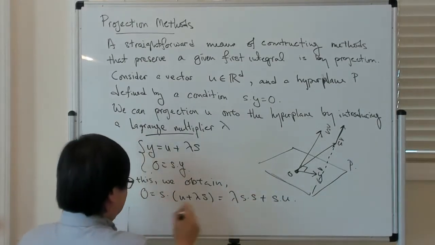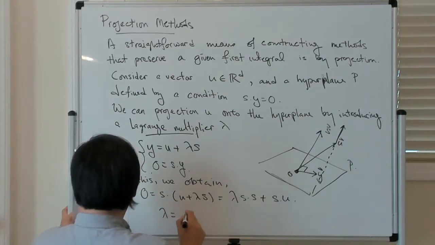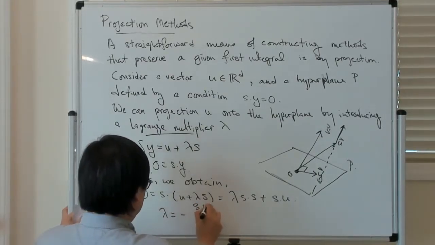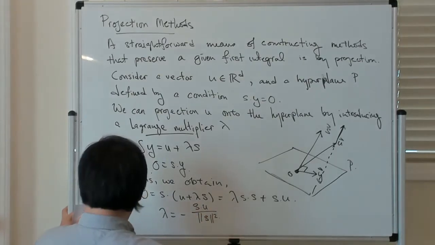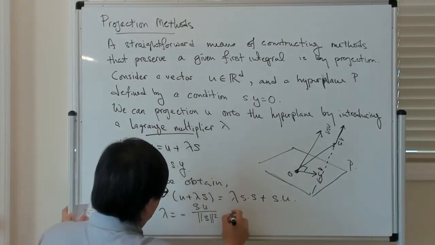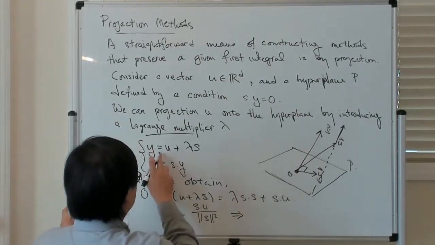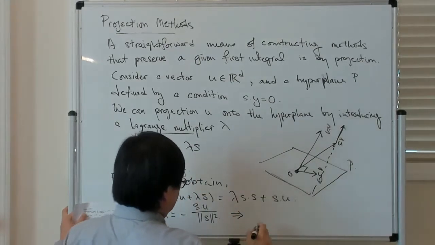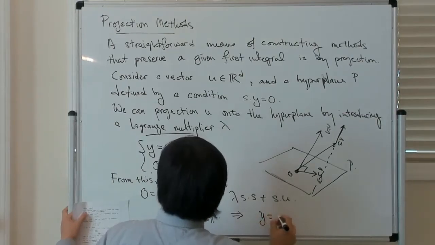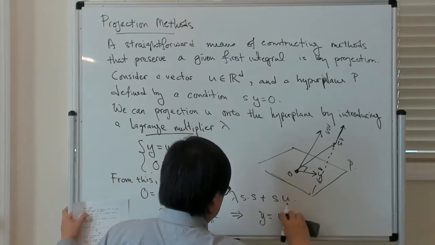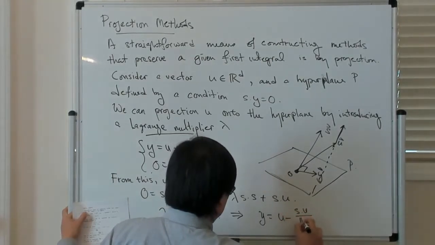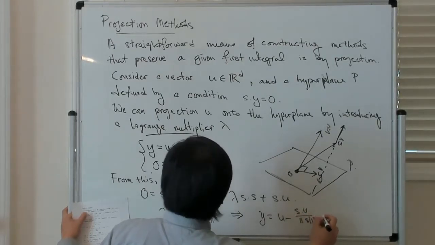That means that lambda is equal to minus s dot u divided by the norm of s squared. Then you can substitute this back into the expression for y, so y is equal to u minus s dot u over the norm of s squared times s.